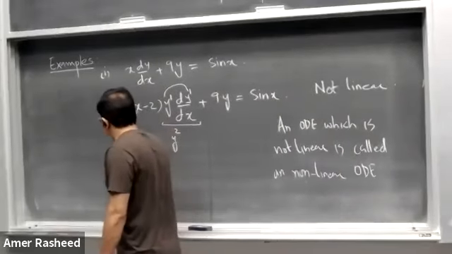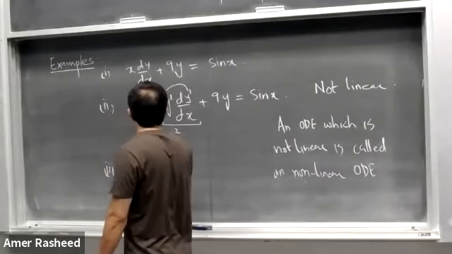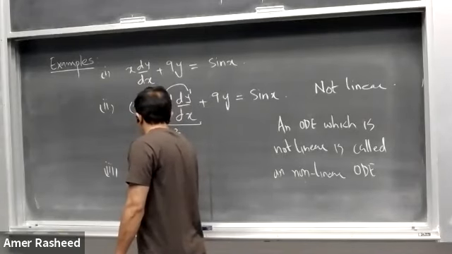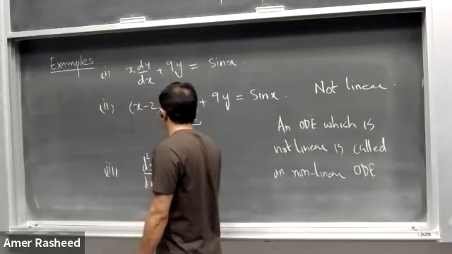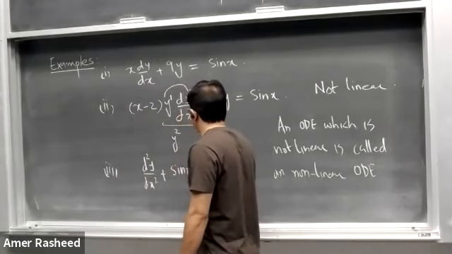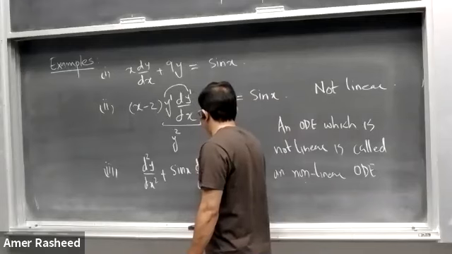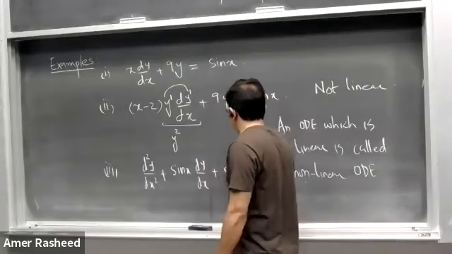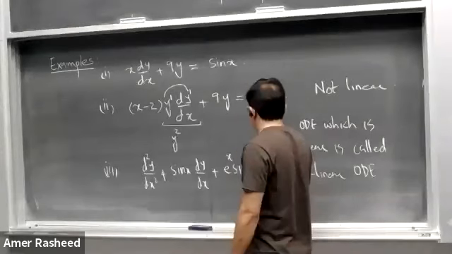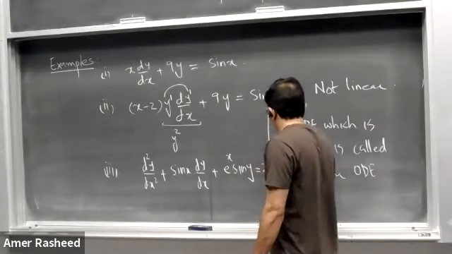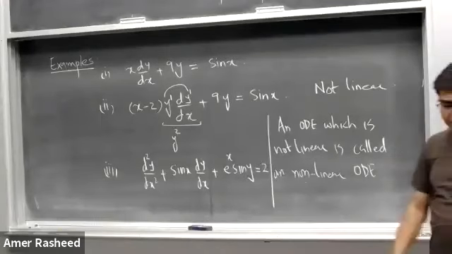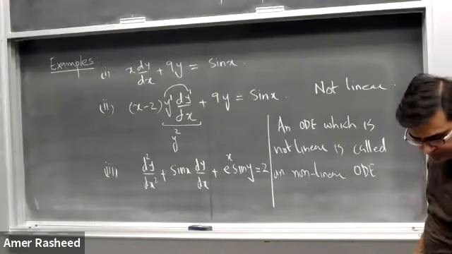Another example, maybe I can say d square y by dx square plus sine x dy by dx plus e raised power x into sine y equal to 2. Now, can you tell me whether this differential equation is linear or not?